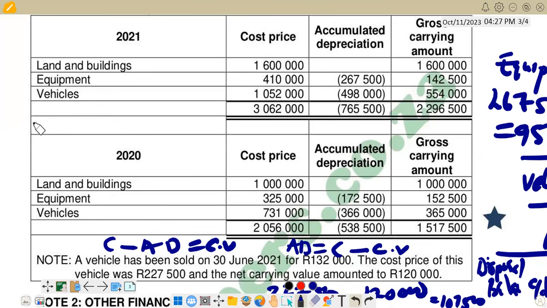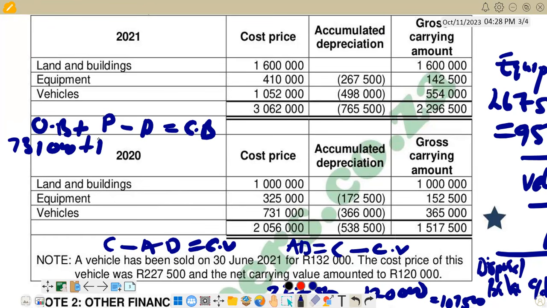So basically we say opening balance of the cost price, then we add the purchases at cost, then we subtract disposal at cost, and you get the closing balance at cost. You see now. So what we are going to do now, we are going to see that our opening balance at cost of vehicles is 731,000.